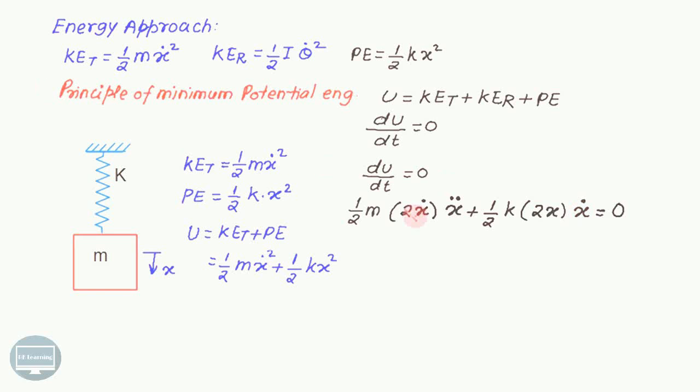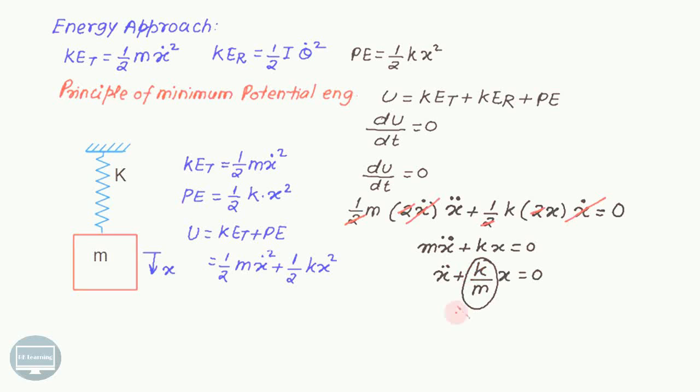In all these equations, your x dot will always get cancelled. 1 by 2 and 1 by 2 cancel, 1 by 2 and 2 cancel. So you are left with the equation m x double dot plus k into x equals 0. This can be written as x double dot plus k by m multiplied by x equals 0.